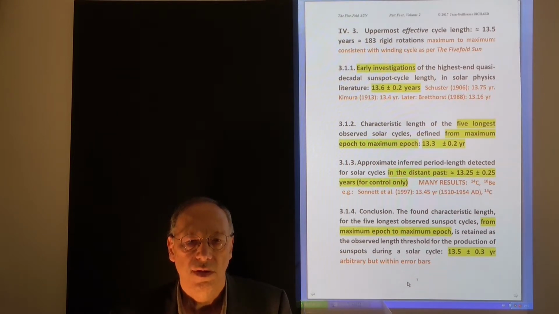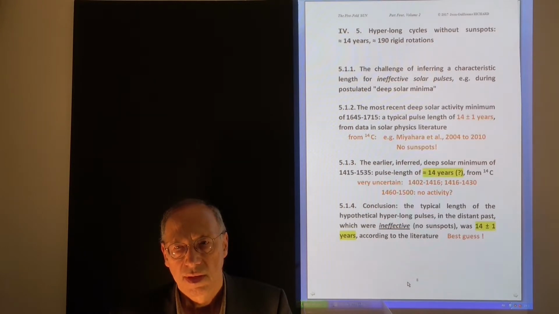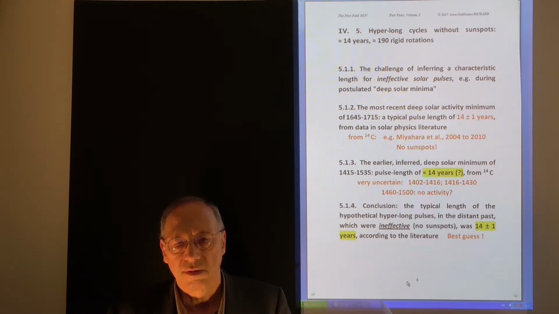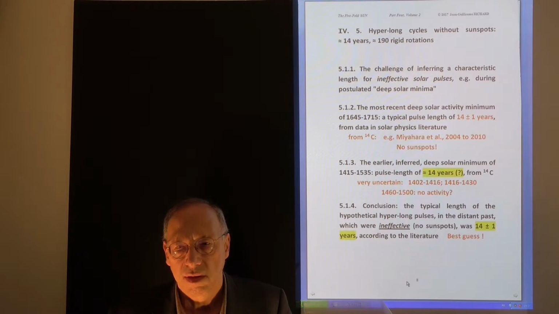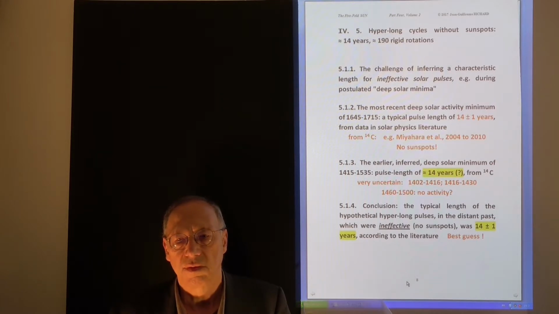Again, Schuster 1906, 13.75 years. Then there are cycles of 14 years that are suggested, although not observed and also not found in the radionuclide millennial record, for the deep minimum episodes in solar activity. In the radiocarbon record, this would be the case for the Maunder minimum from 1645 to 1715, for instance.